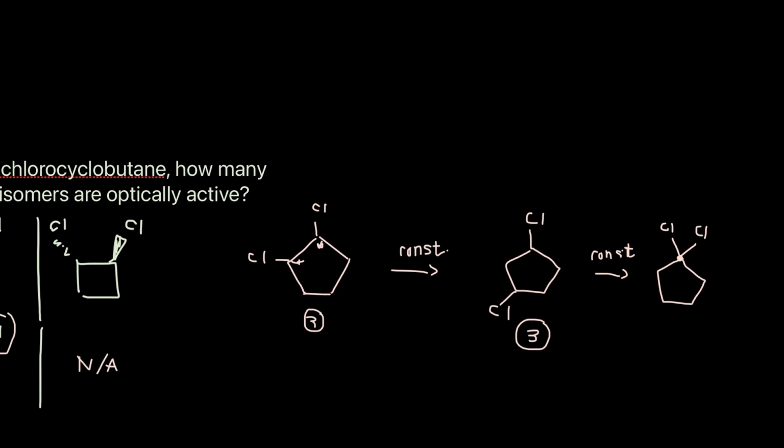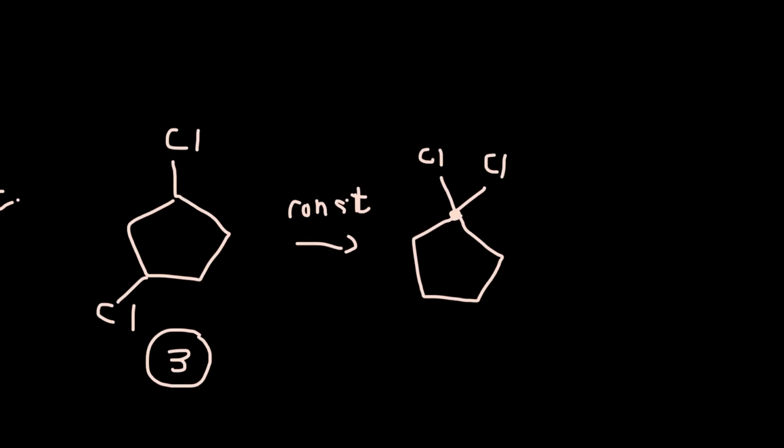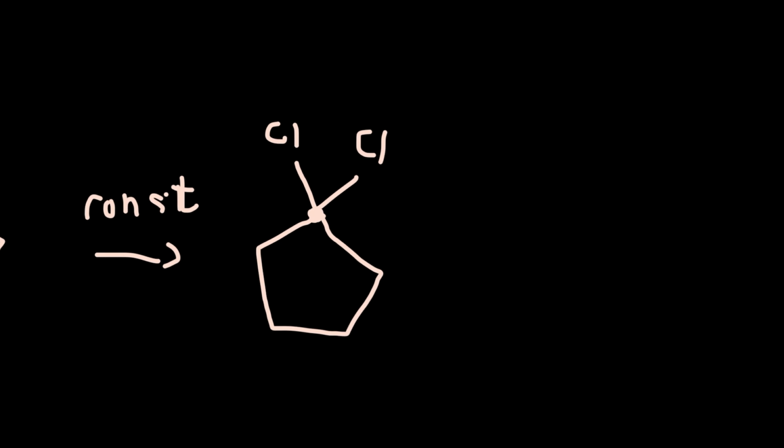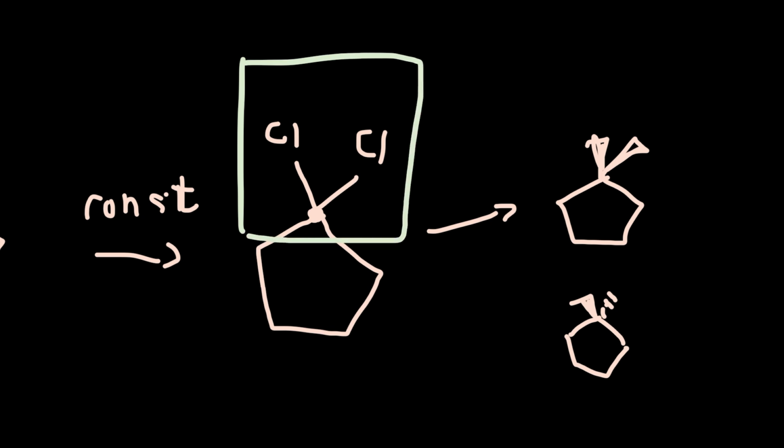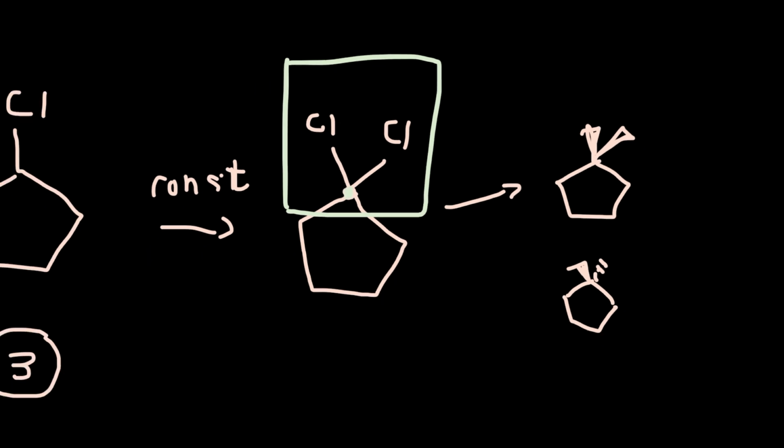All right, so also I need to note, if you are ever tempted to say that this could be something like this, that is wrong, okay? Do not think, when you see two branches on the same carbon, you can't say cis or trans for them because this is a tetrahedral shape.